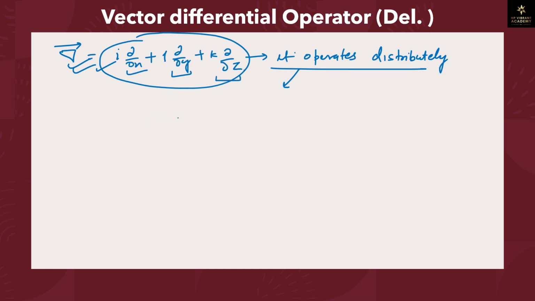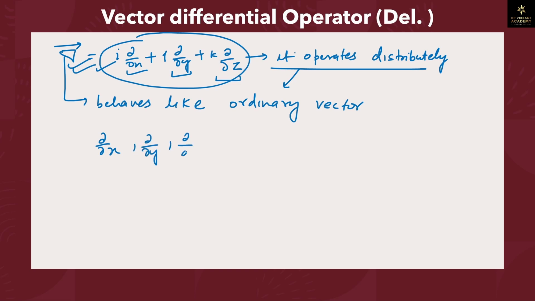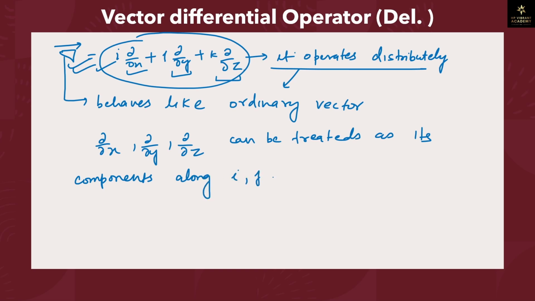It generally behaves like an ordinary vector, and del upon del x, del upon del y, del upon del z can be treated as its components along i, j, and k.